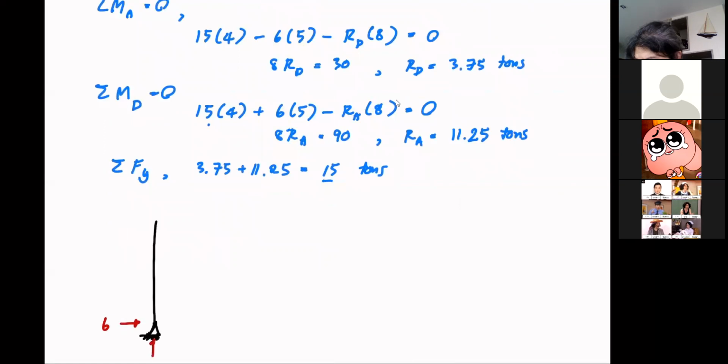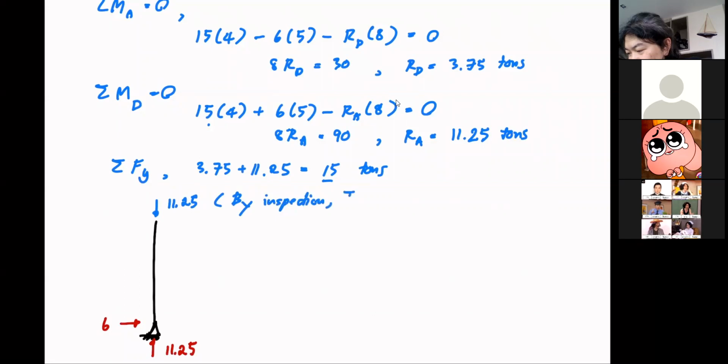And then here is 11.25. Okay, so now this is the forces that we know. I'm gonna change the color for the force that we do not know. It's a blue one. So by inspection, we know that this is another 11.25. Okay, so you can put it in your parentheses and by inspection.